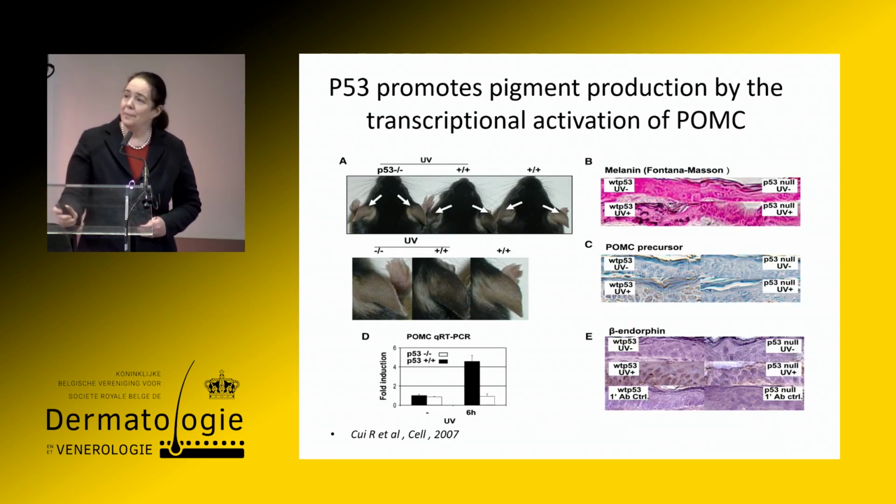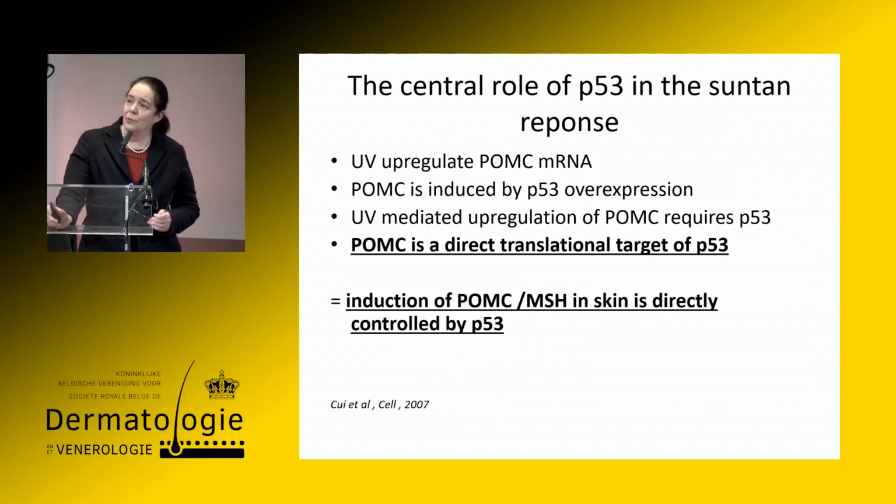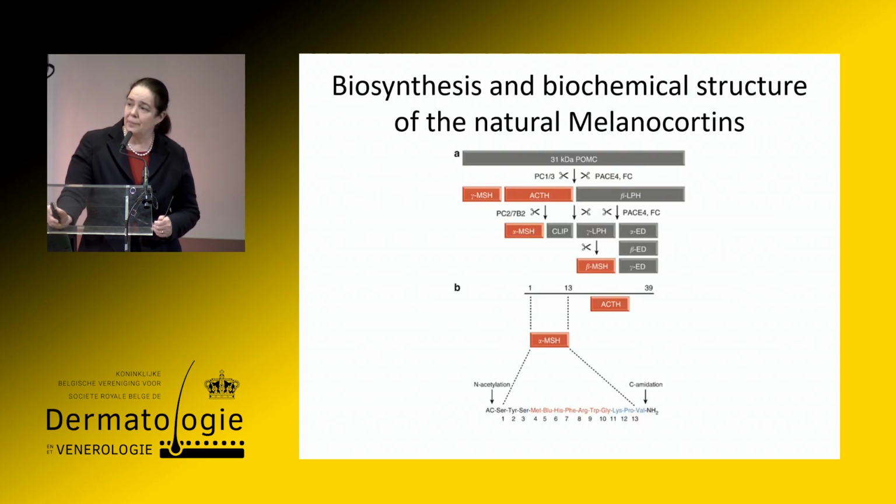And finally, P53 promotes the transcriptional activation of POMC. POMC is proopiomelanocortin, and we'll see then why we have such pigmentation. But it's a crucial aspect of pigmentation. POMC is a direct transcriptional target of P53, and it's directly controlled by P53.